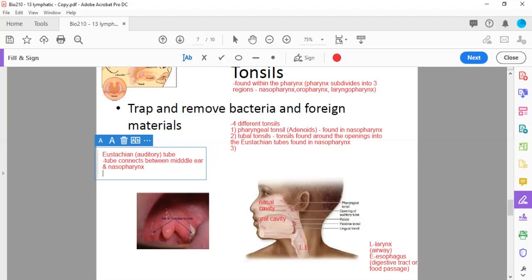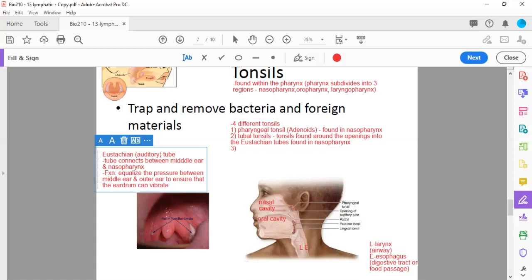And the next thing is this: what exactly is the function of this eustachian tube? Why do we need it? So it could cause problems. The function of this tube is to equalize the pressure between the middle ear and the outer ear to ensure that the eardrum can vibrate.